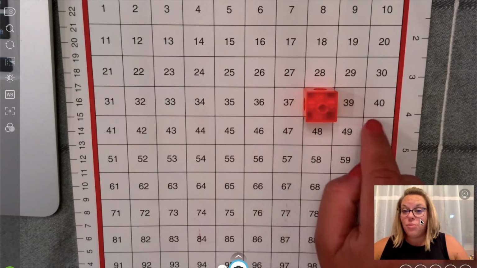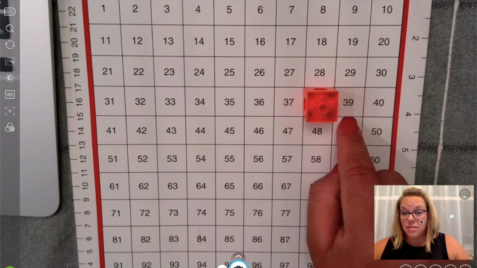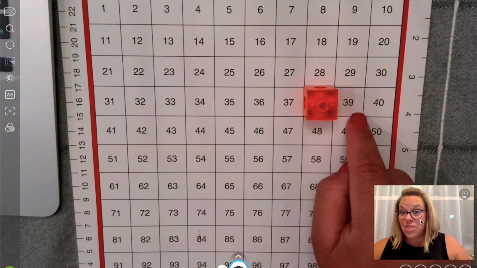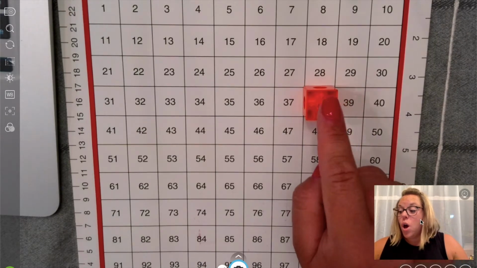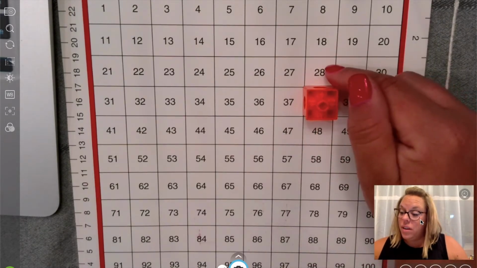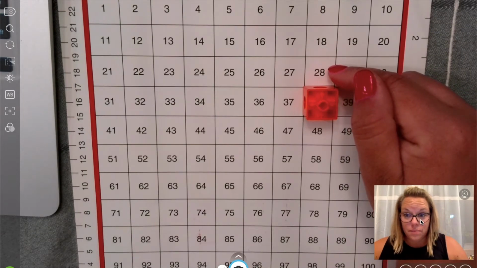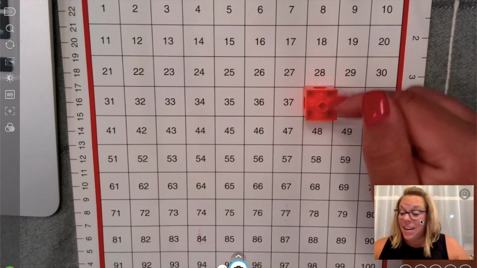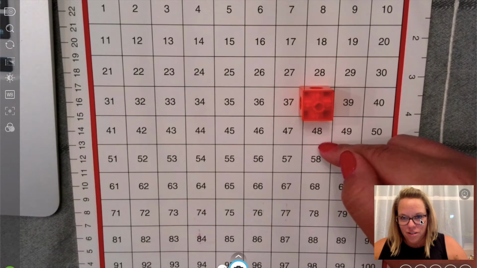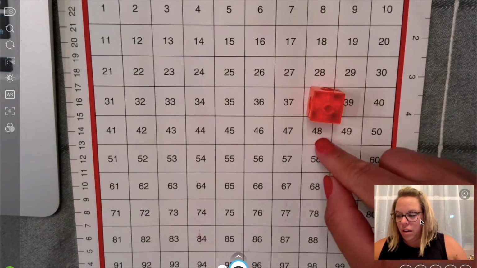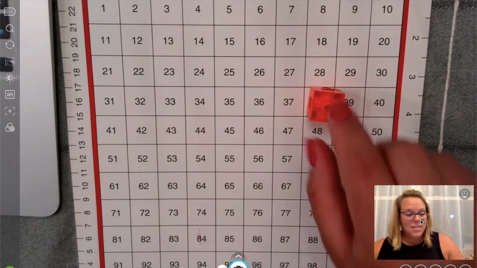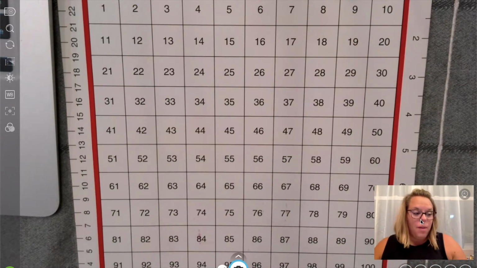And what's to the right of 38? 39. What is above 38? 28. And what is below 38? Below it, underneath it, 48. Very good.